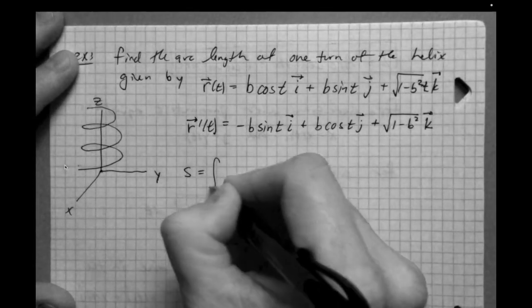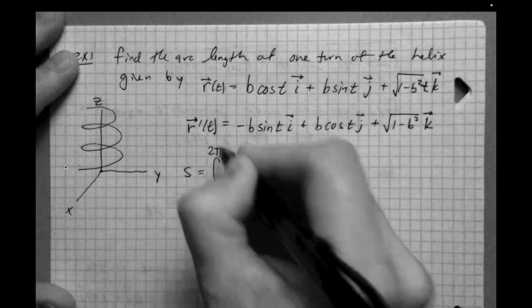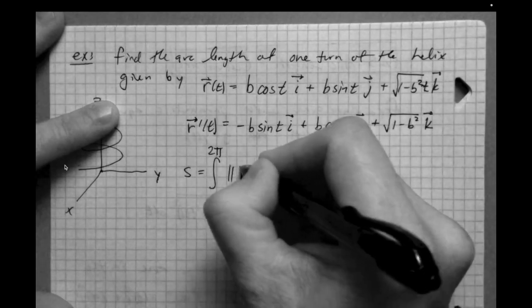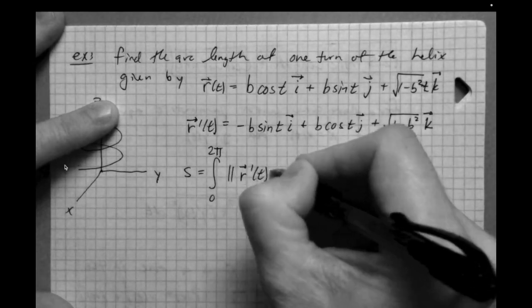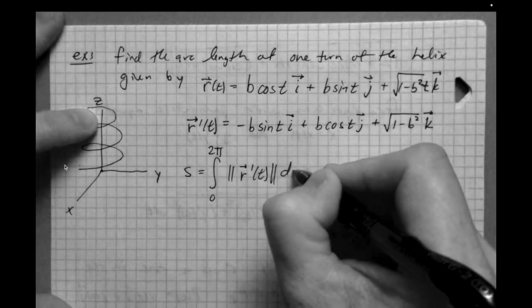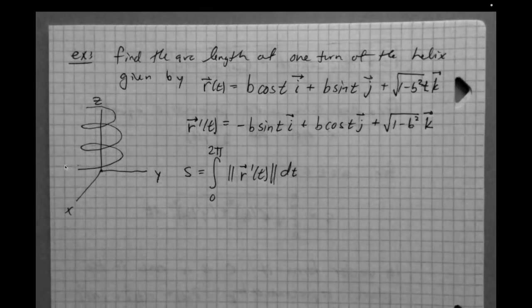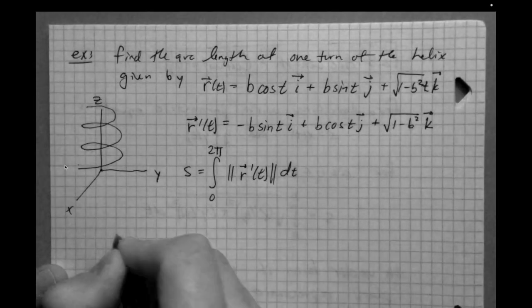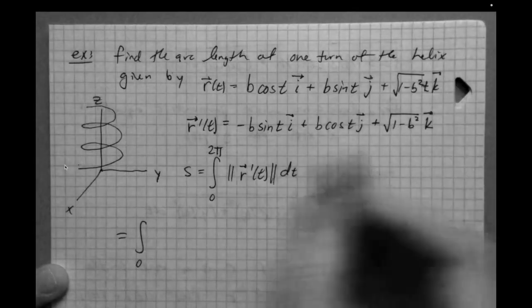So s is equal to the integral from 0 to 2 pi of, now we know that it's the norm of the derivative of r, right? But to do the actual calculation, we're going to have to actually plug in the vector.